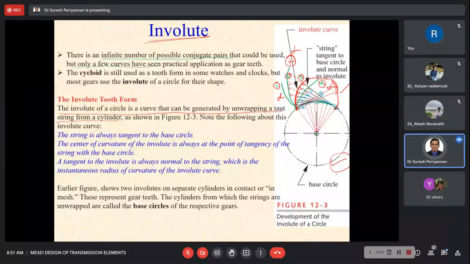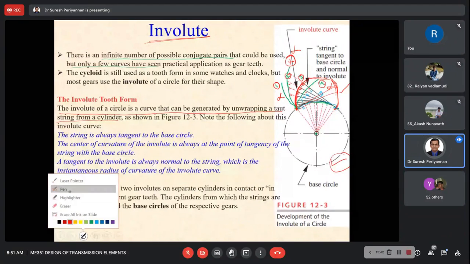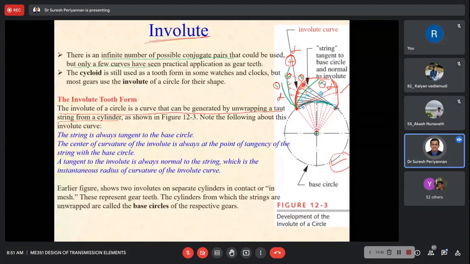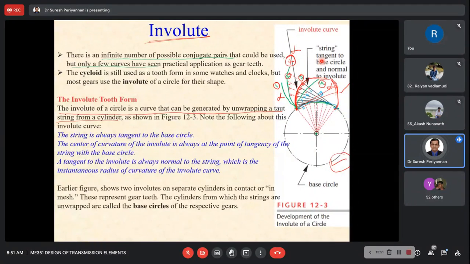The tangential lines drawn from the base circle must be normal to the particular curve that is called the involute. That particular curve will be considered for our teeth profile. So this is called the involute.